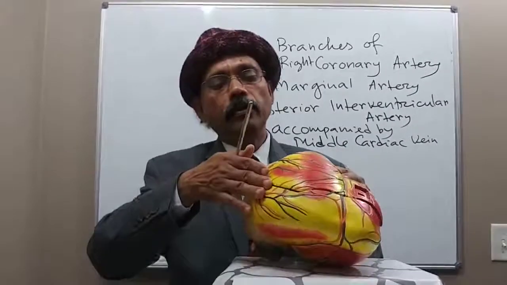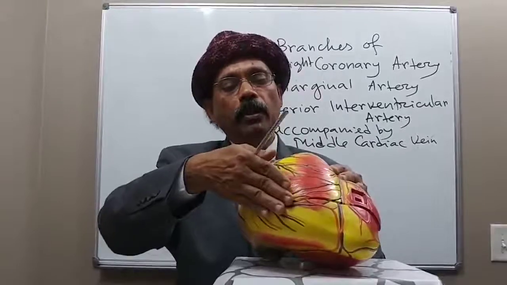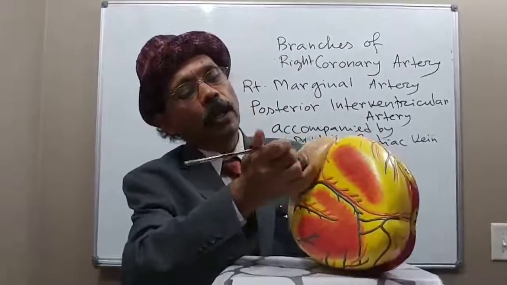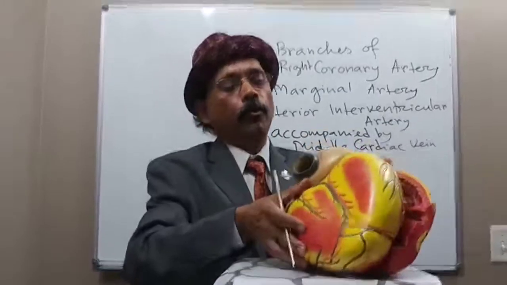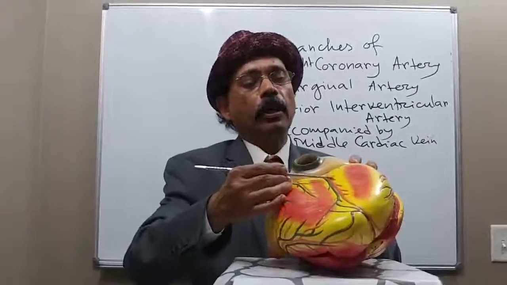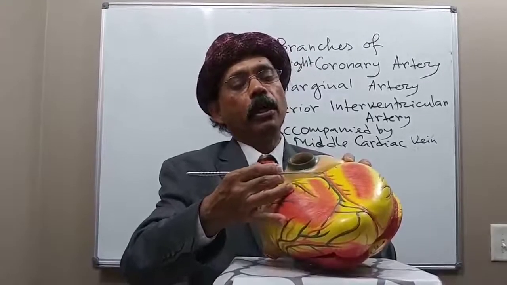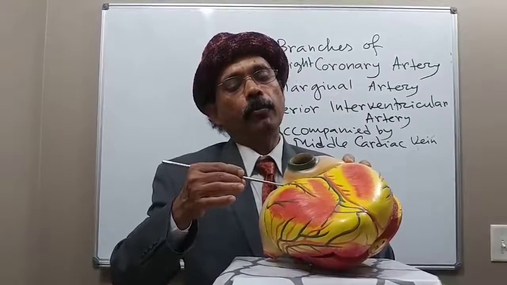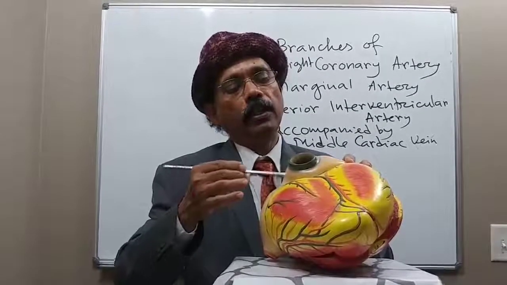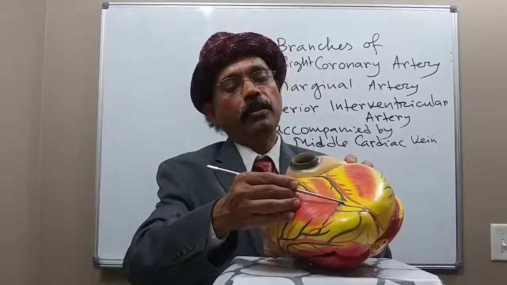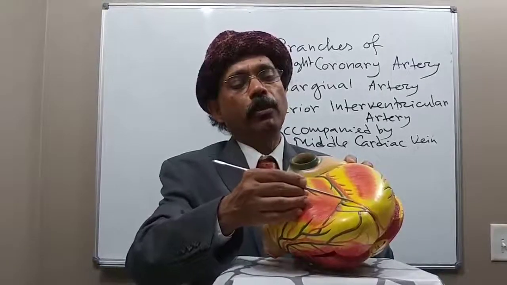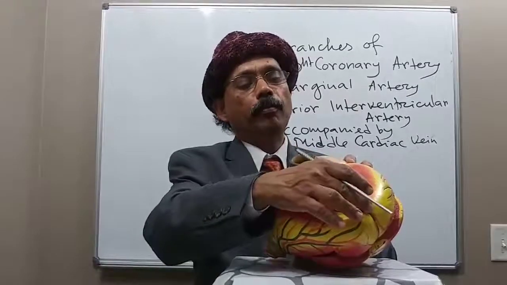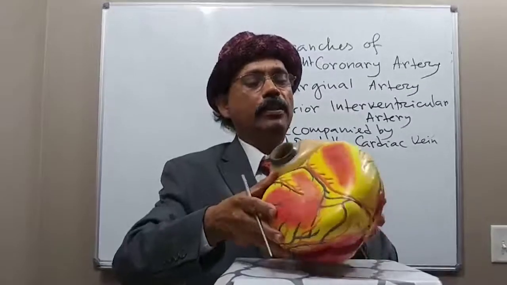It is providing blood supply along the right border of the heart. The right coronary artery going posteriorly will give rise to the posterior interventricular artery, and the posterior interventricular artery is accompanied by the middle cardiac vein. The middle cardiac vein is a tributary of the coronary sinus. This is the coronary sinus. This is the middle cardiac vein. This is the posterior interventricular artery, also called the posterior descending artery, and this may communicate with that of the LAD.